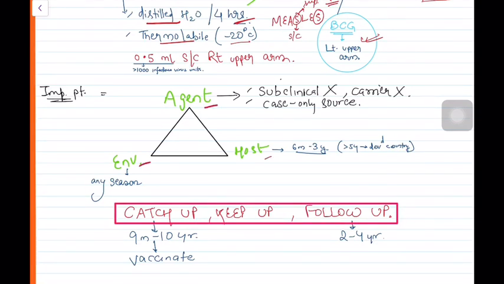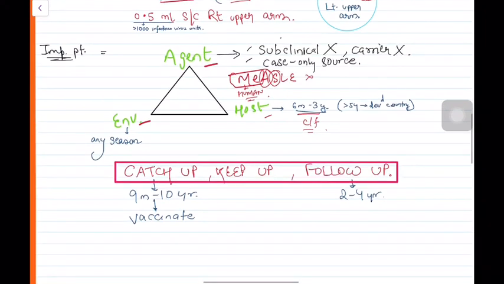So agent, you already know, the measles virus, and as I already told, subclinical cases are absent, there is no carrier, human is the only source. The host, already told in the clinical feature part. Then environment, nothing as such, it can be in any season.